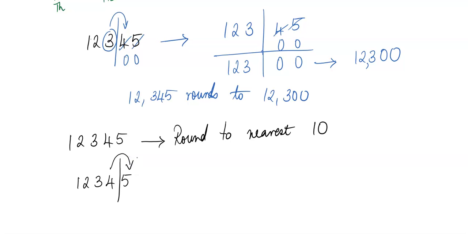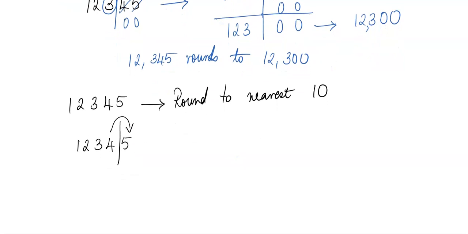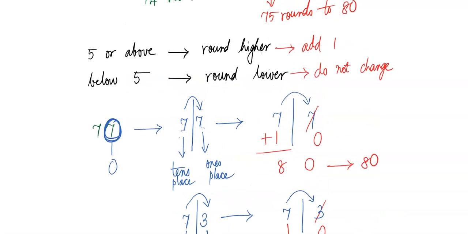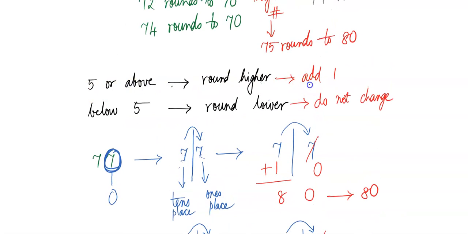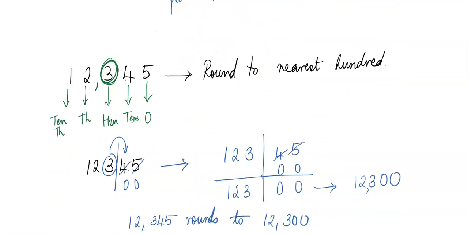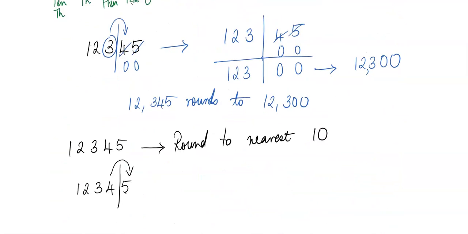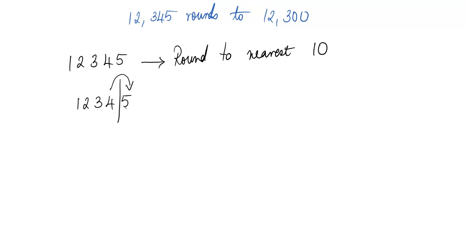The 5 is the number we look at, so let's go back to the rule. The rule says, if you had 5 or above, add a 1. If it is below 5, do not change. So this is exactly a 5, so I do have to add a 1.